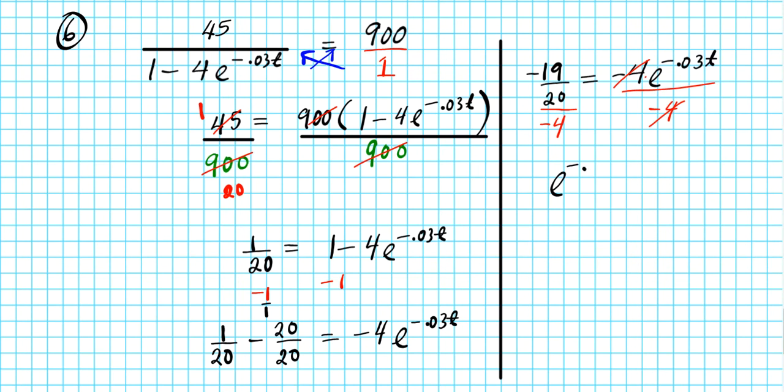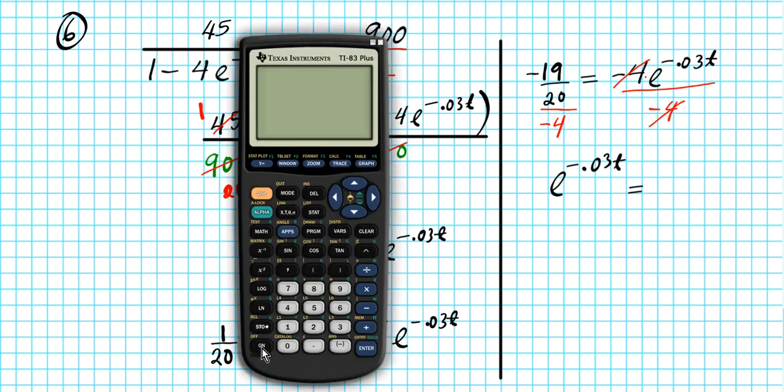So we have e to the negative 0.03t equals, in parentheses, negative 19 divided by 20, so that's the numerator, divided by negative 4. When you carry out that division, you have 0.2375. It's going to be positive.